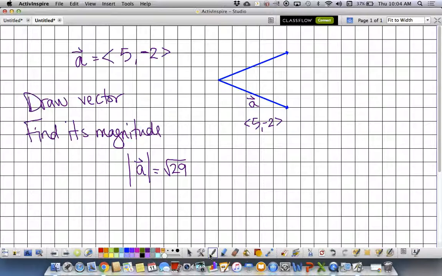Yes. Vector B: what are its components? 5 and 2. Are those opposite vectors? I don't know. No, they are not. They are equal vectors, meaning they have the same magnitude. But they are not opposite.